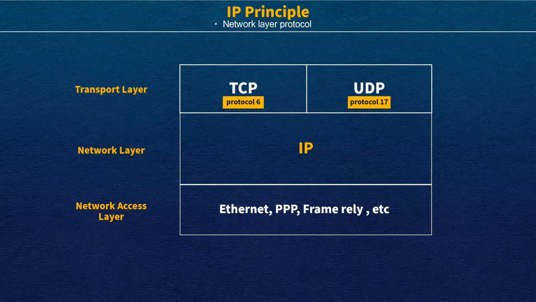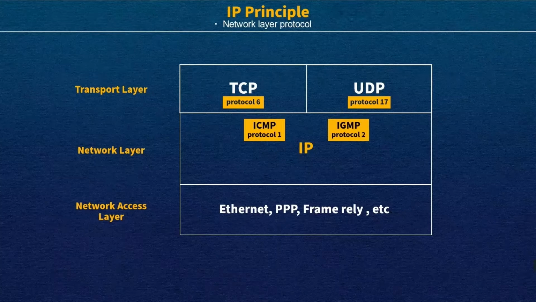And the other protocols that have a relationship with IP, like ICMP and IGMP. About ICMP, it is usually used to test the network connection. For example, we will use tools like ping and traceroute to test whether the ping is successful or not. And we encapsulate the ICMP packets into the IP, and we use the protocol number 1 to indicate ICMP.